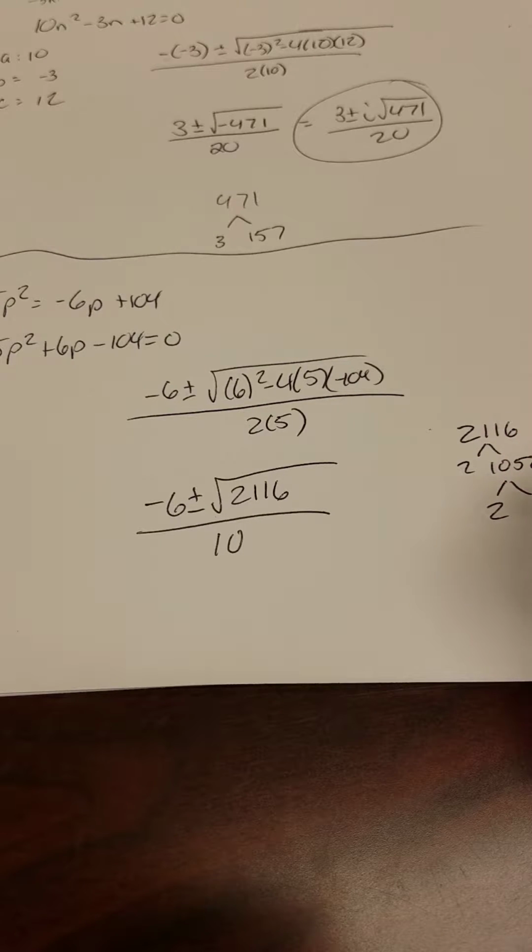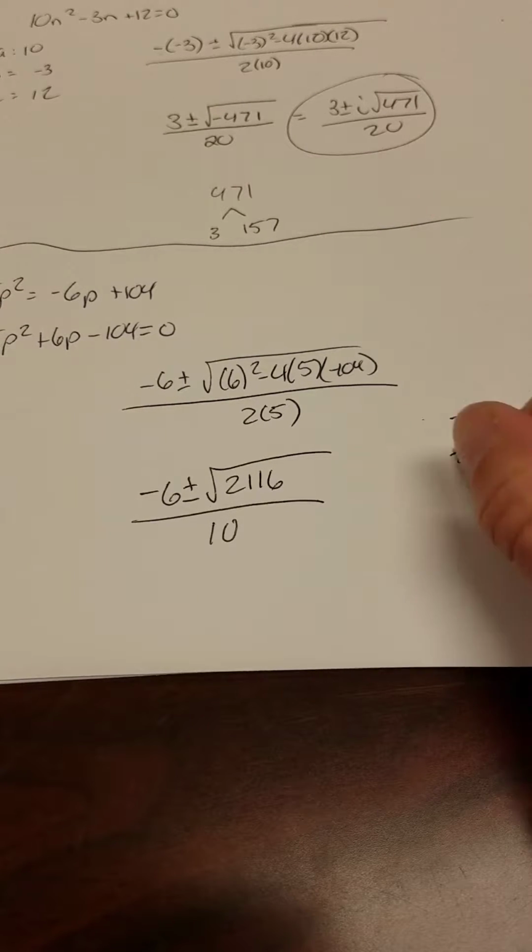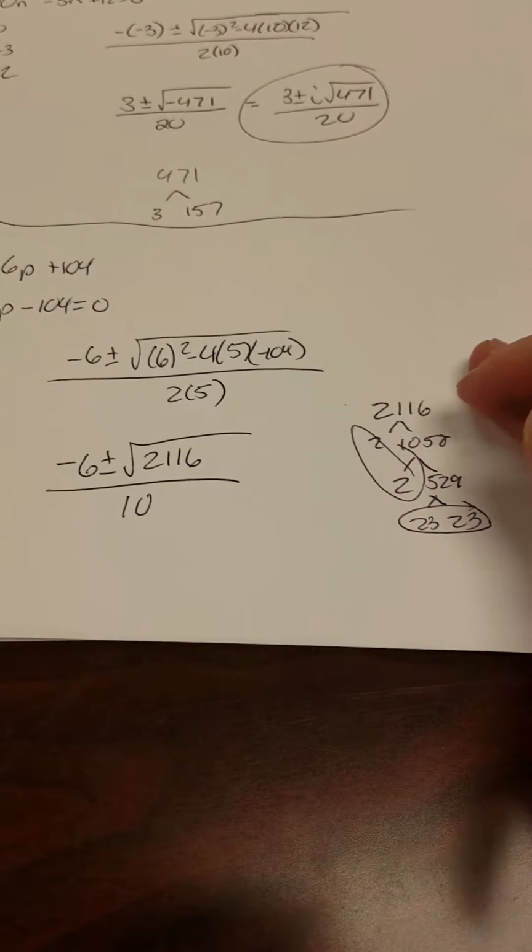That's 2 and 529. Don't know what's going to go into 529. I think actually that breaks down to 23 and 23. So we have pairs. Everything actually pairs up this time.